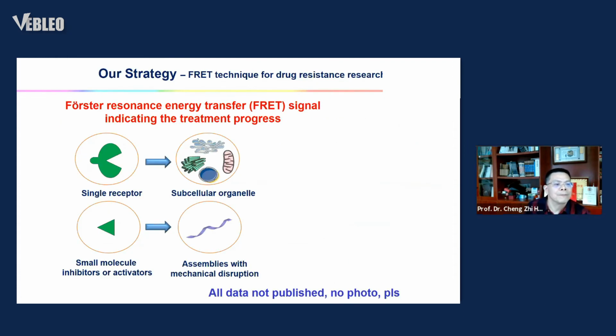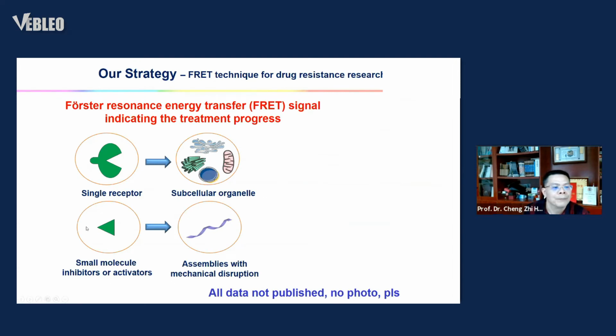In such a case, taking cancer therapy as an example, we try to resolve the problem of acquired drug resistance with the following two proposals. The first one is to change the binding site, namely the single receptor, to a subcellular organelle, which can avoid the change of binding site.